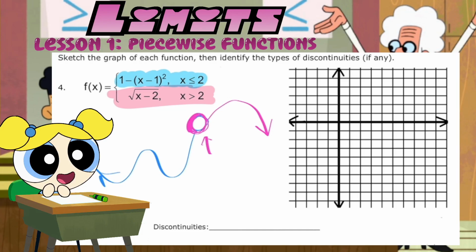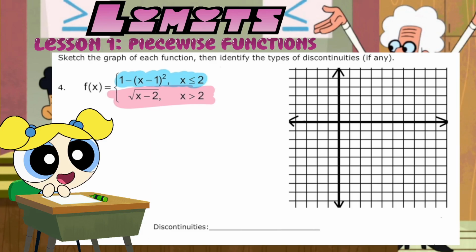That's possible, but since we see our domain is all real numbers, in this case it's not possible. Well, what else is a possibility? Another possibility is that we have a jump discontinuity. We will not have an infinite discontinuity. That just isn't going to happen.